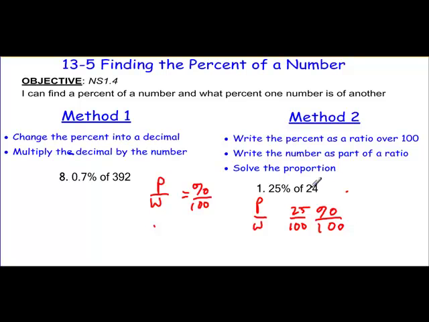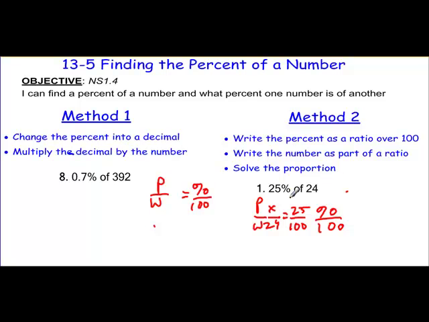And we know the 24, we know that's the whole because they want to know how much of 24. So 24 is the whole. So I'm going to write that right here, 24. And we don't know what this is. X over 24, what part of 24 is 25%?